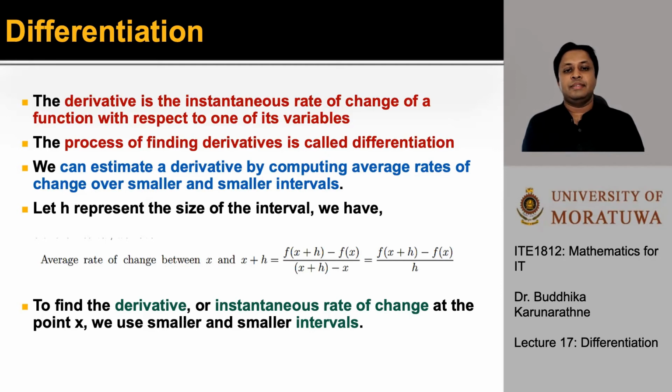So we write that as f(x plus h) minus f(x), divided by (x plus h) minus x. You see that the denominator simply becomes h because the difference between x plus h and x is h.